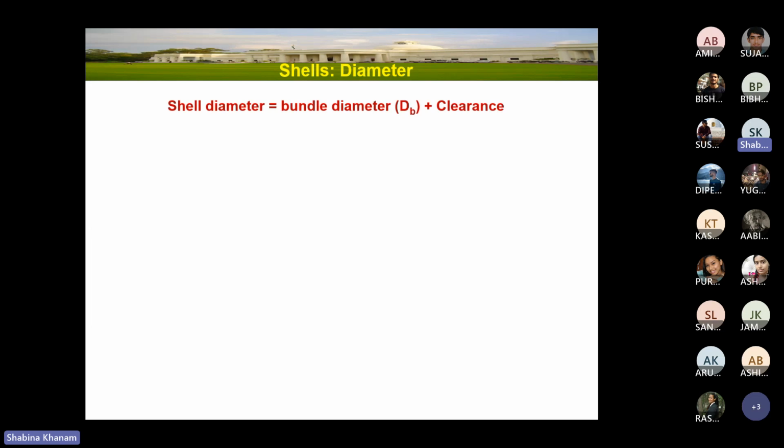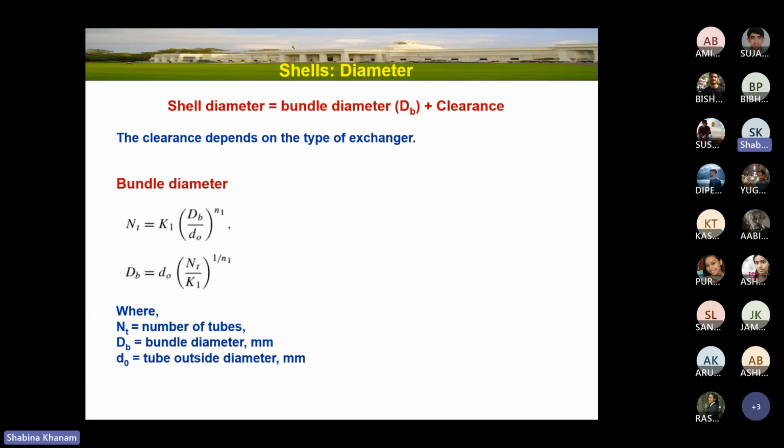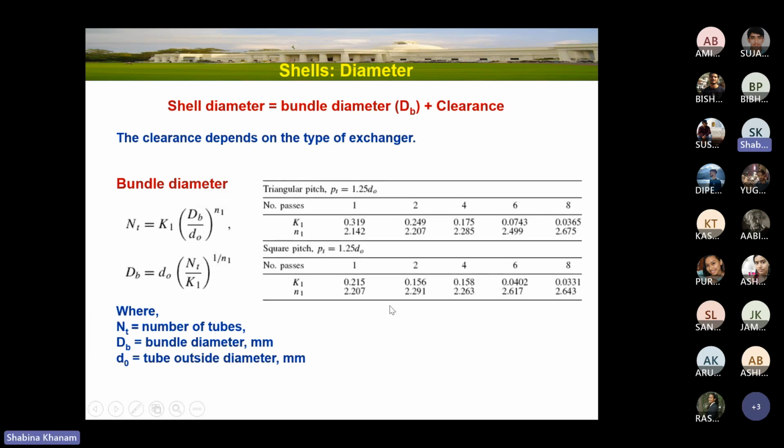So shell dia will be bundle dia plus clearance. Clearance depends on the type of exchanger, which we will discuss. How will we calculate the bundle dia? These are some of the empirical correlations. This bundle dia depends on the outer dia of the tube.